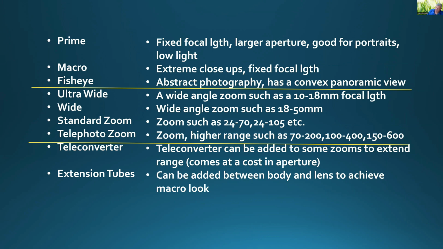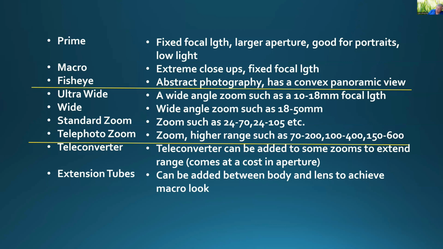A teleconverter is something you can add to certain lenses, and it will also boost your range. So, for example, with a 70 to 200, most manufacturers make a 2x teleconverter or a 1.4. If you had the 2x teleconverter and a 70 to 200 lens, you would essentially make that a 140 to 400 millimeter lens.